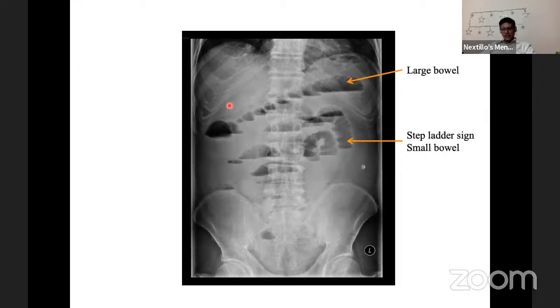So once again, enumerating the things, small bowel, large bowel obstructions, they can be classified based upon a number of variants. The bowel obstruction can either be partial or it may be complete. Then this bowel obstruction may be either a mechanical obstruction or it may be a non-mechanical obstruction.